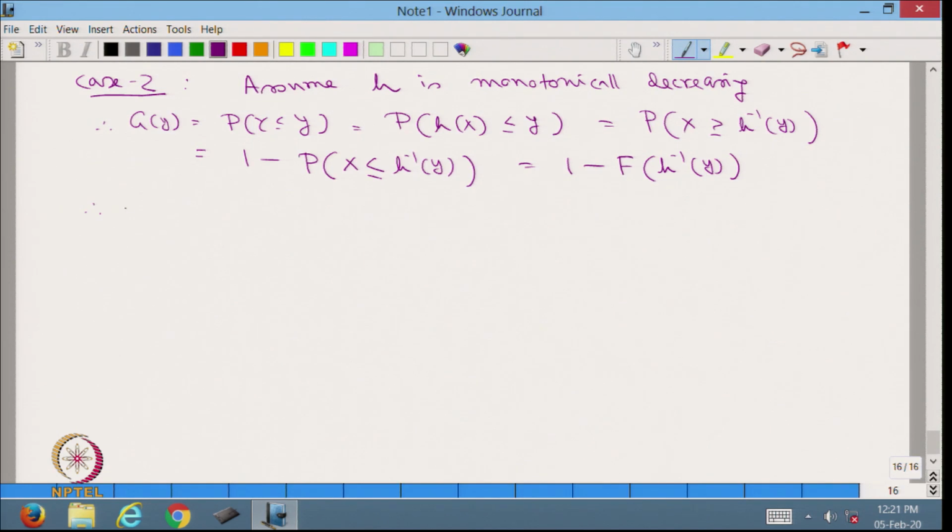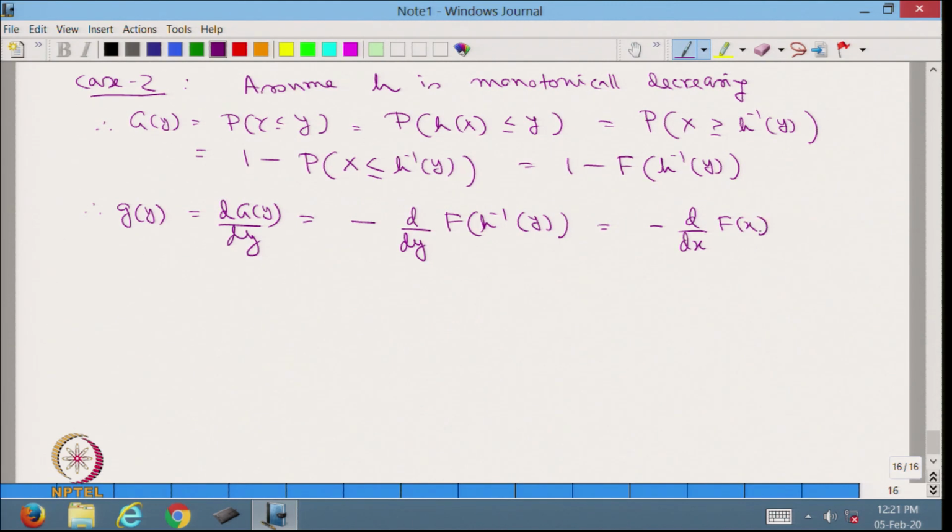Therefore, g of y is equal to dG/dy, is equal to minus d/dy of F of h inverse y, is equal to minus d/dx of F(x) into dx/dy, is equal to f(x) into minus dx/dy.